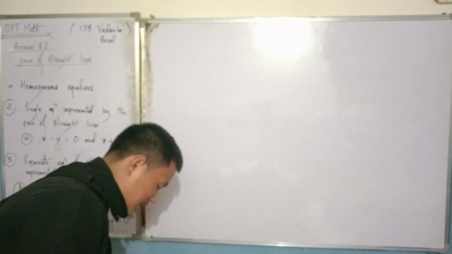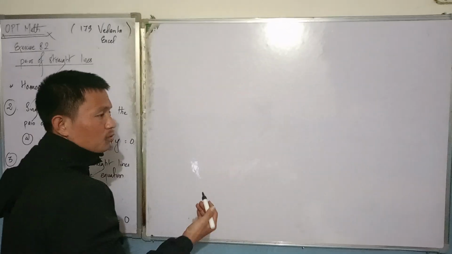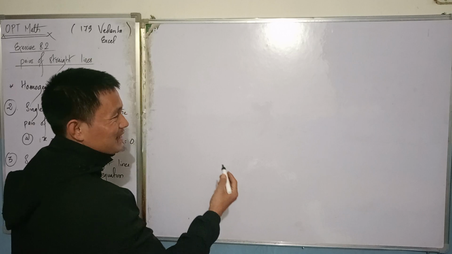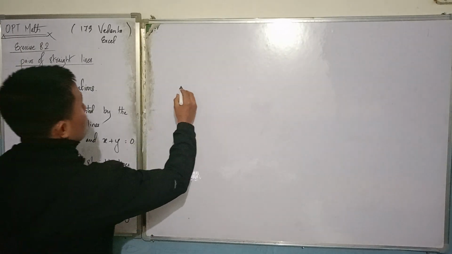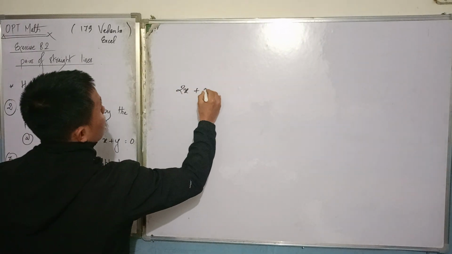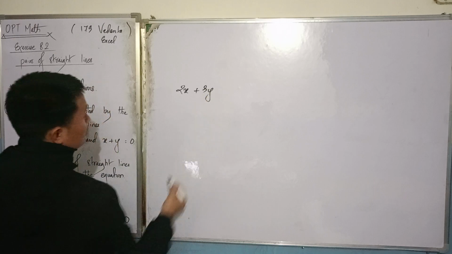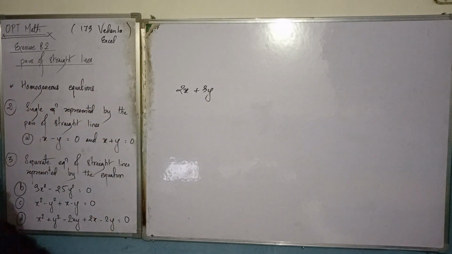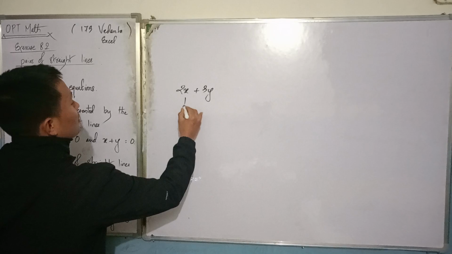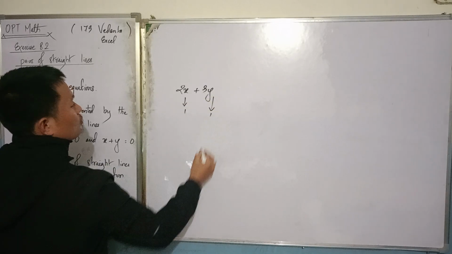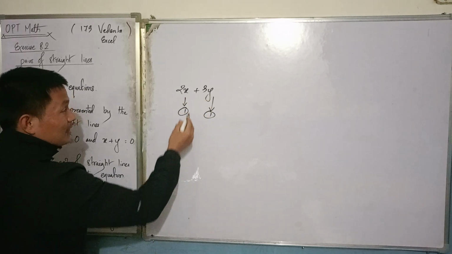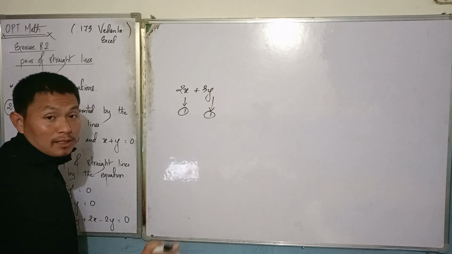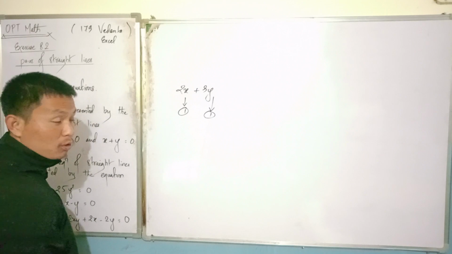For example, let's take the algebraic expression 2x plus 3y. You can see they both have the same degree, 1 and 1. So the degree of its terms is the same, and this is also a homogeneous equation.